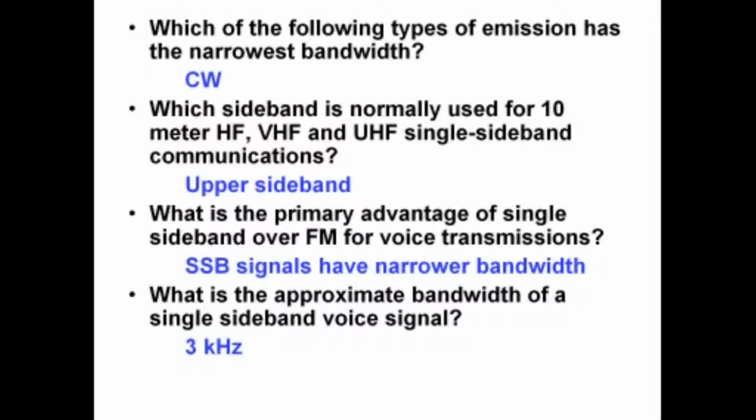Now, it doesn't seem correct intuitively that turning your carrier on and off would create a bandwidth, but it actually does, a very narrow bandwidth, but it does create a bandwidth. Okay, any others on this slide? Okay, let's move on then.